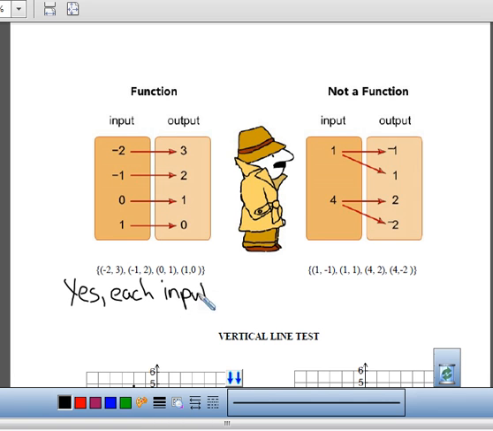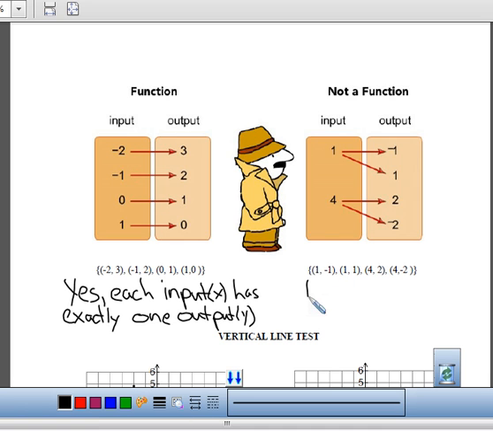Each input, or x, has exactly one output, which is y. The next one, the not a function.